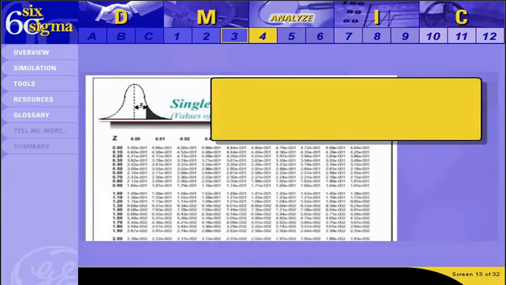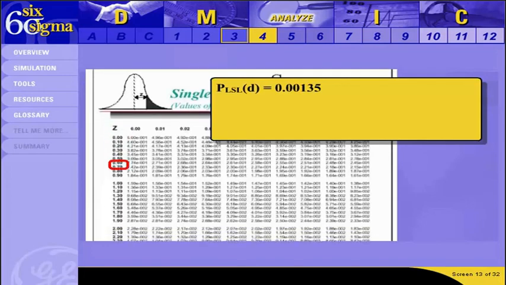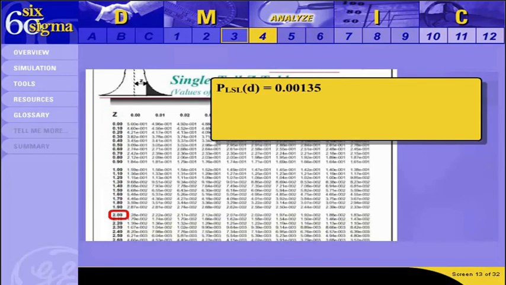Next, we need to determine P parenthesis D for a Z sub USL of 2.0. Move to the Z value of 2.00 on the left-hand column, and then move over one column to read the P parenthesis D for the upper specification limit. This number is 2.28 times 10 to the power of minus 2, or 0.0228.